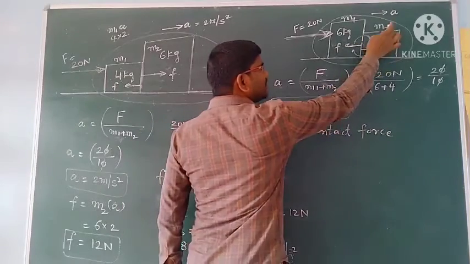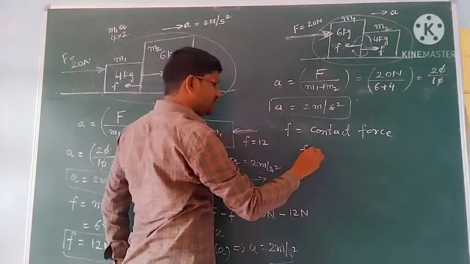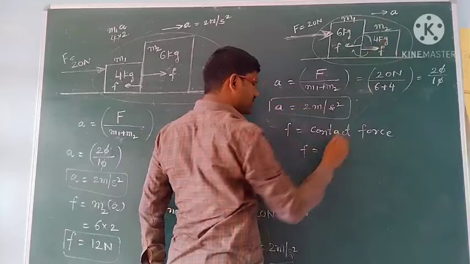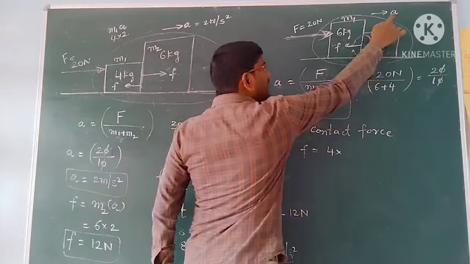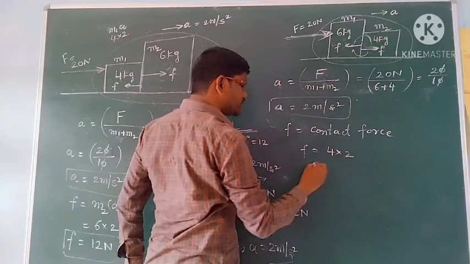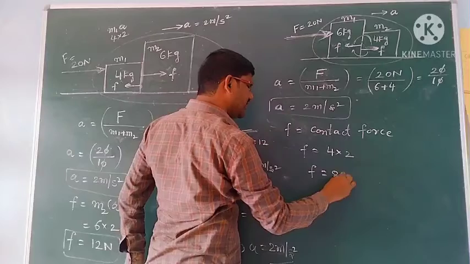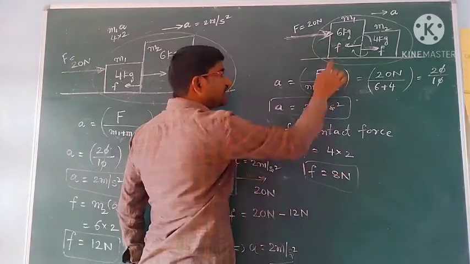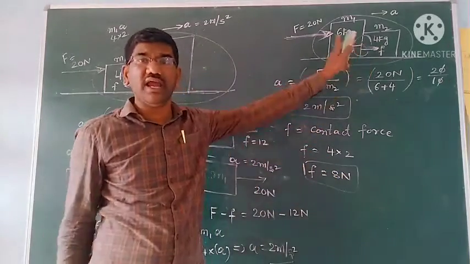This f is moving this M2, the mass 4, and the acceleration of the system is 2, so f is equal to 8 newtons. The contact force between these two blocks here is 8 newtons.